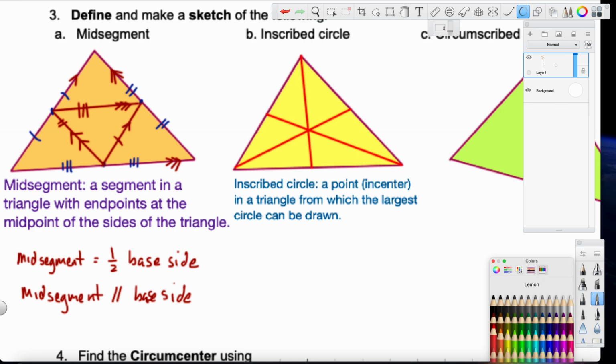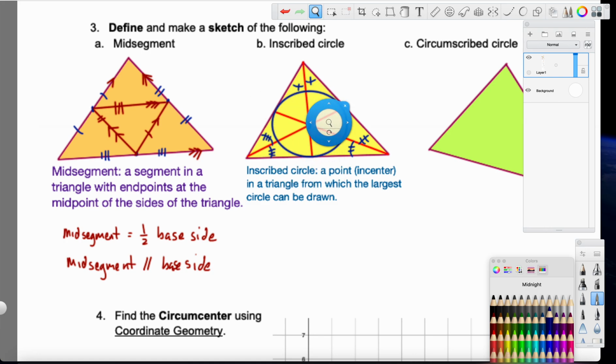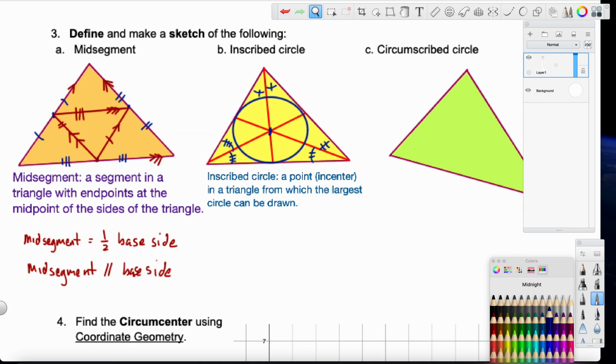These are all angle bisectors. Here's the incenter right here, and we can make a circle there. I mean, I'm just making the notes. I'm not actually doing the construction or anything.